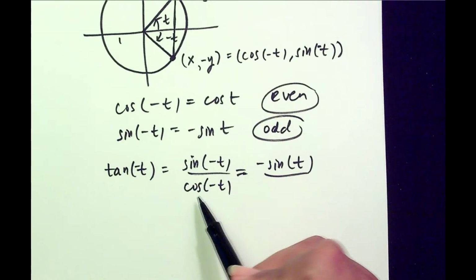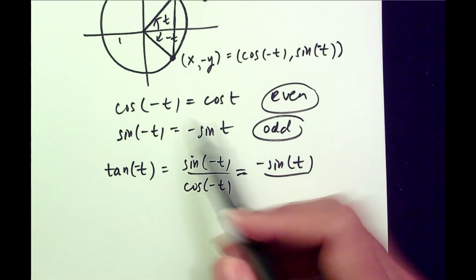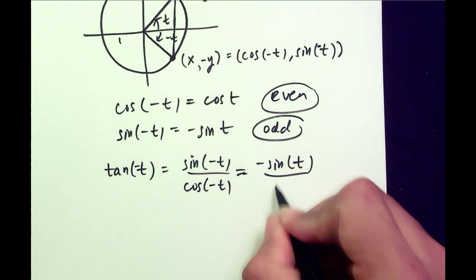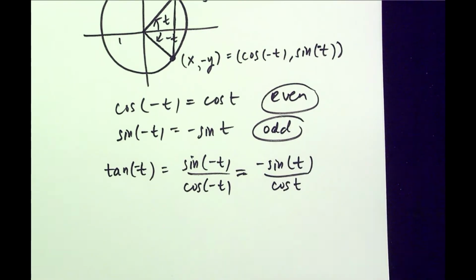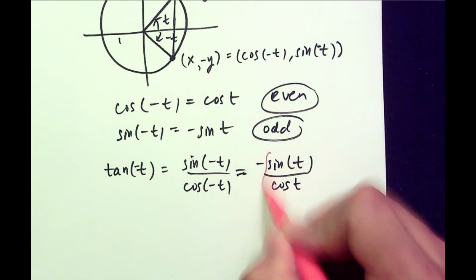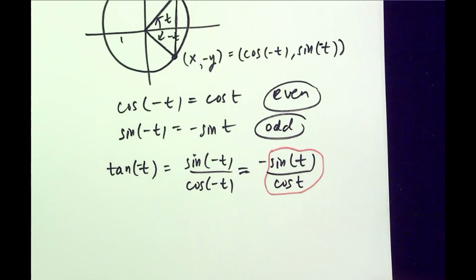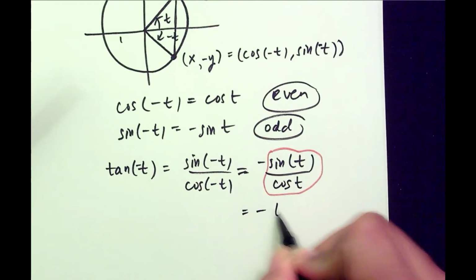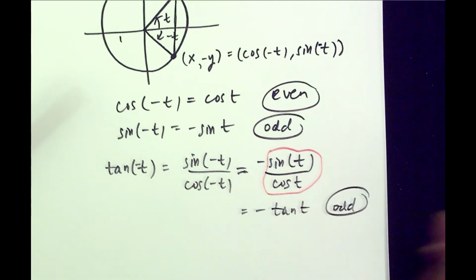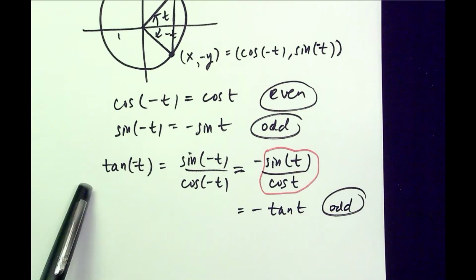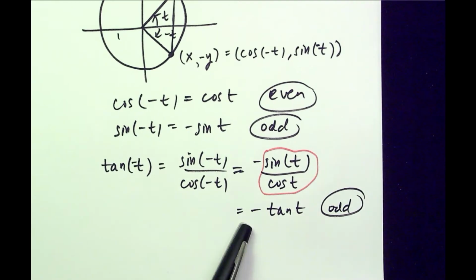And we just said that cosine is even, so it will drop the negative. And this is precisely tangent. So you will get this is equal to negative tangent of t. So that means tangent is odd. Tangent of negative t equals negative of tangent of t.